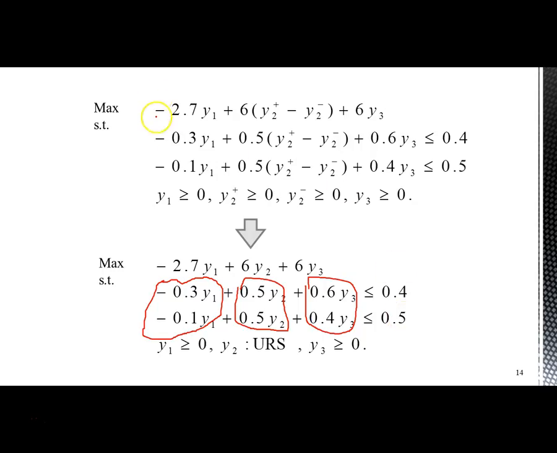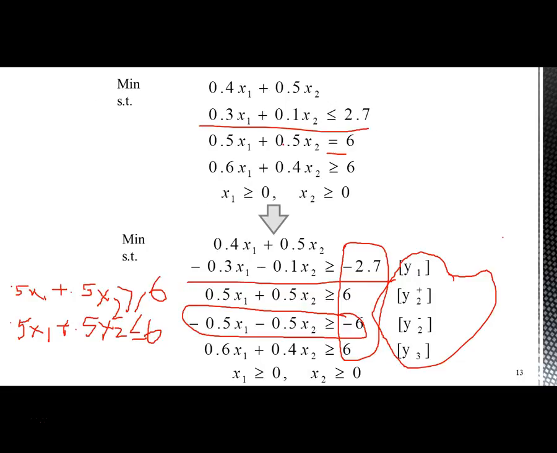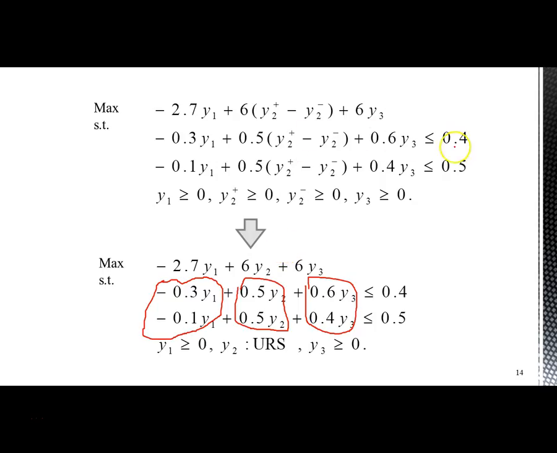If you go back, you see negative 2.7 y1 plus 6 y2 plus minus y2 minus plus 6 y3. And if we want to write down the new constraints for the dual variables, it is nothing but these lines right here. So there will be only two constraints, and they will be less than or equal to 0.4 and 0.5 right here, and also y1, y2 plus and minus, and y3 will be greater than or equal to 0.